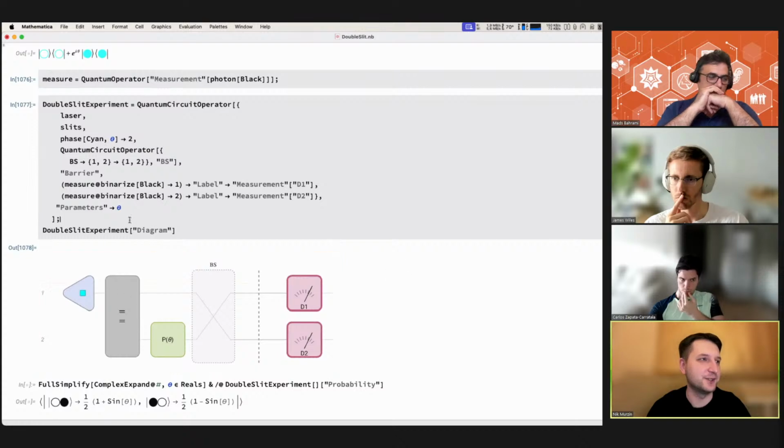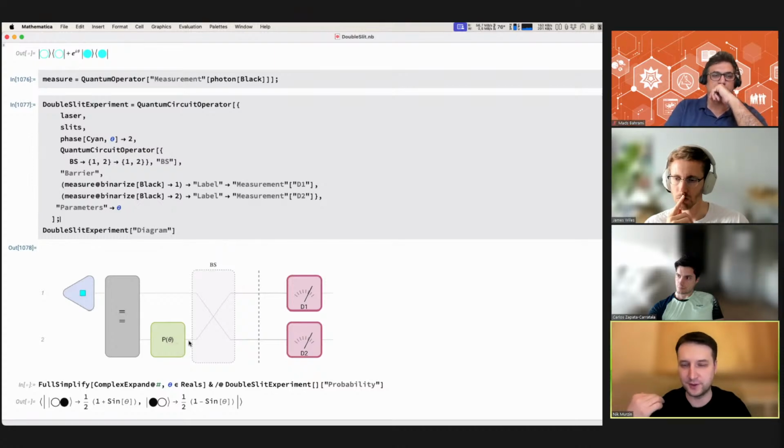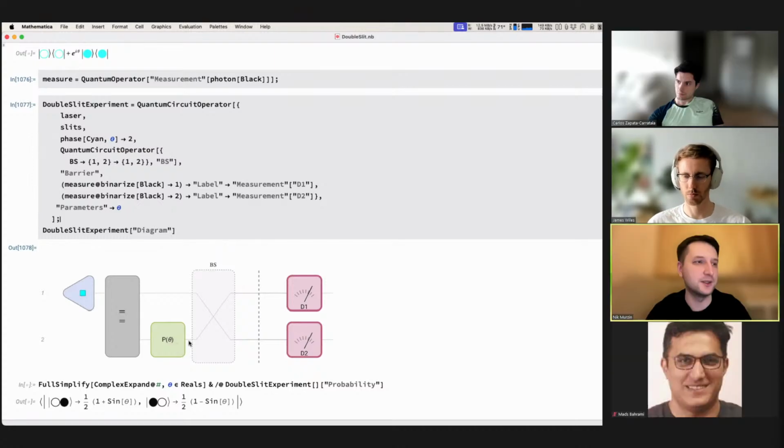Now you can show the circuit together with the laser as a single source of photons, the beam splitter, and the slits, actually creating now two systems, so you can show the path with a wire in the diagram, which is more natural. There's some phase applied to one of them to parameterize the direction of the screen.